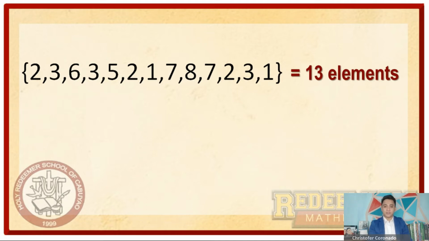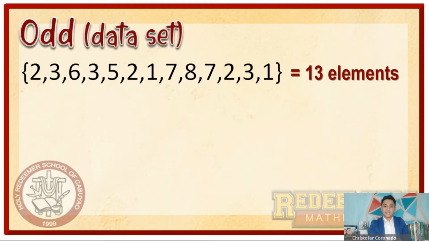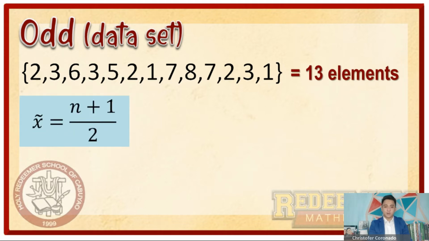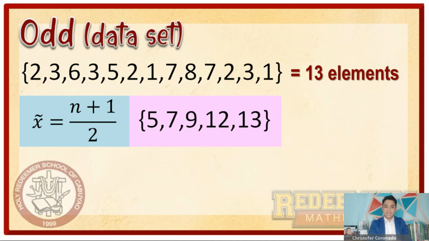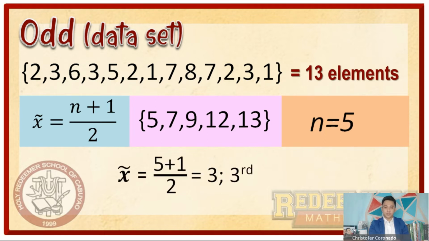For an odd number of data, we can use n plus 1 all over 2. If you take the example earlier, we have 5, 7, 9, 12, 13. There are 5 cases or 5 numbers. So n there would be 5. Substituting in the formula would be 5 plus 1 all over 2.